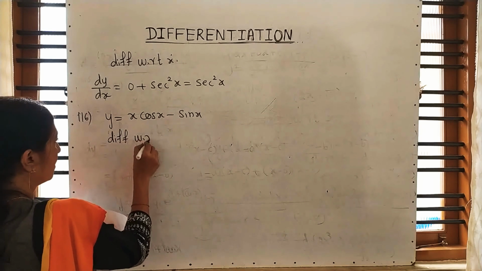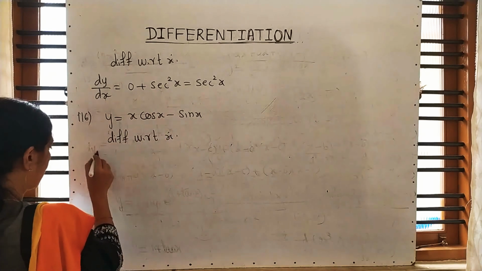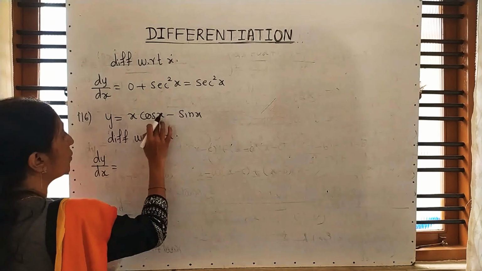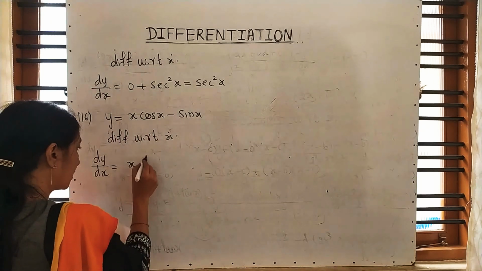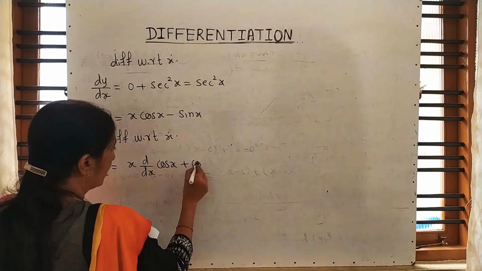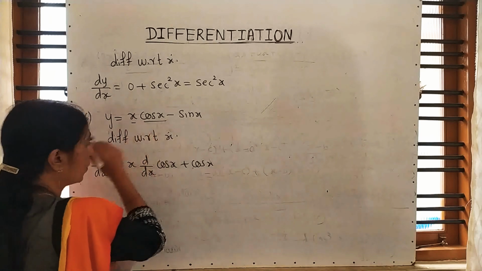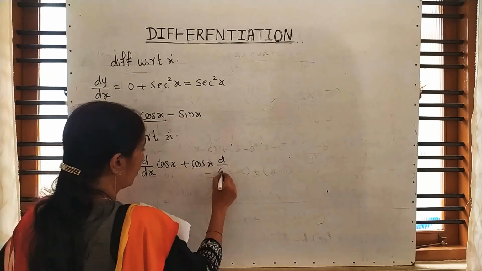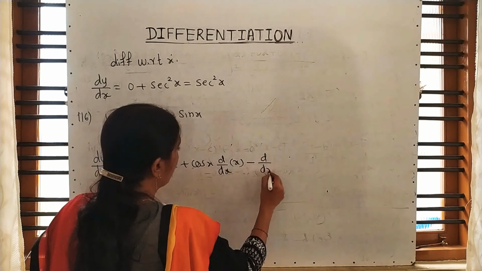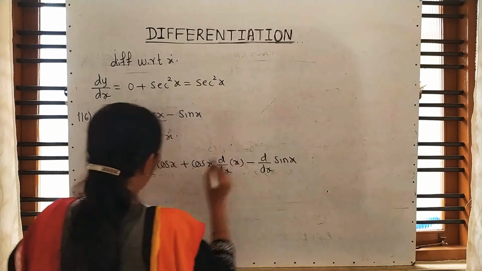Differentiating with respect to x, dy upon dx is equal to, this is u into v, minus that, x into differentiation of cos x plus cos x. First I wrote u into v, cos x into differentiation of x with respect to x, minus the differentiation of sin x.